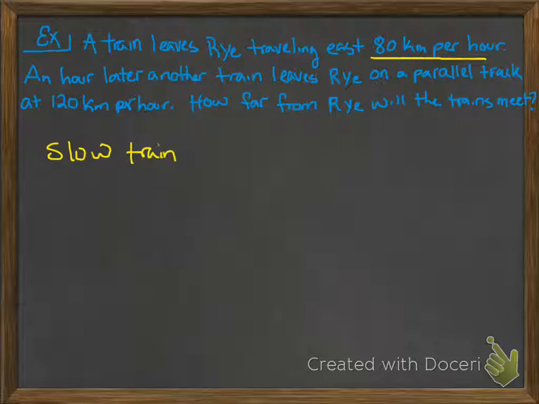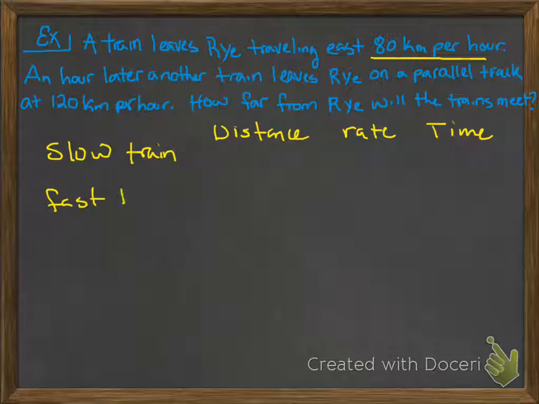I'm also going to write up distance, rate, and time, because those are the three pieces that we need for motion. Then I have the fast train, and that's going 120 kilometers per hour.